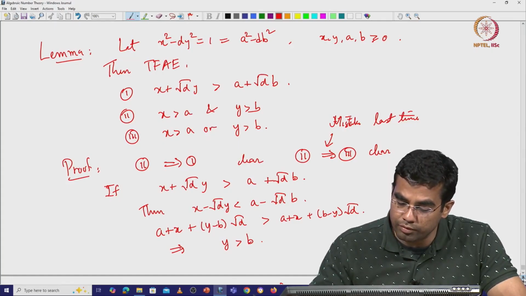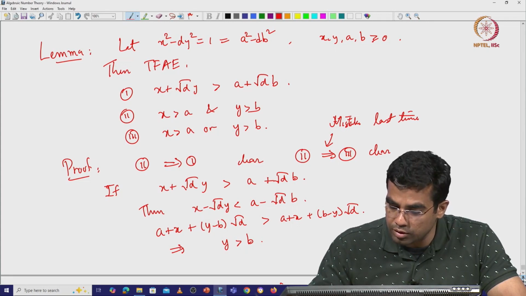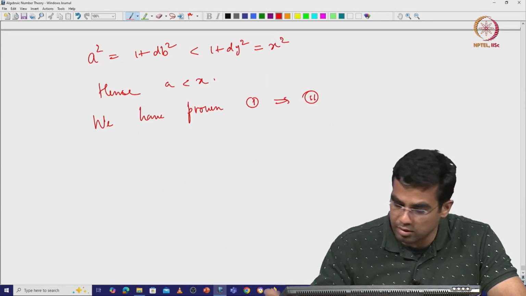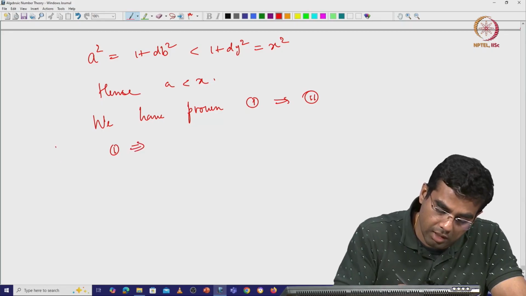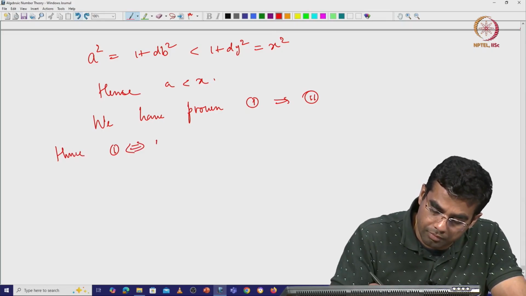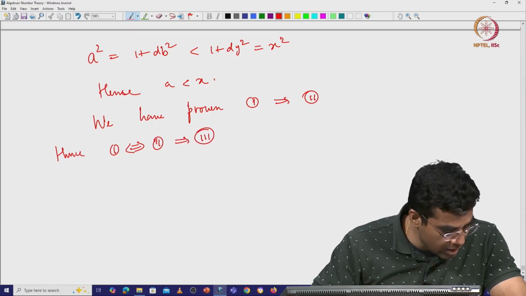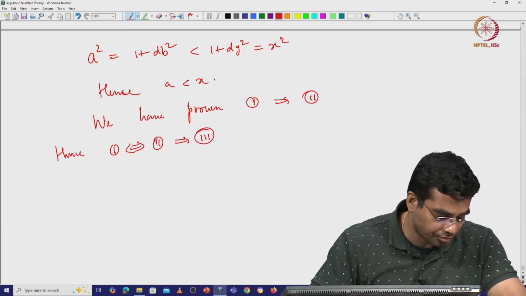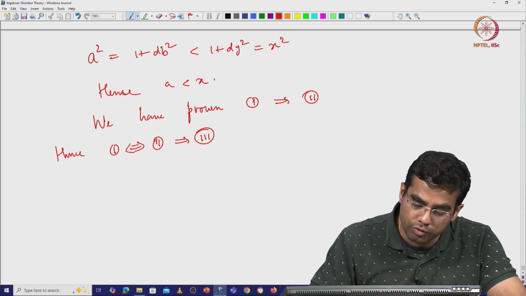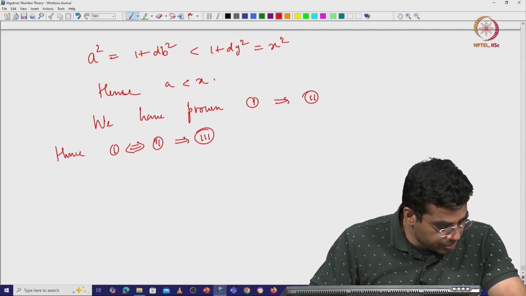Now, 1 is equivalent to 2, and we know this implies 3. So, we just need to assume 3 and prove either 2 or 1, one of them.